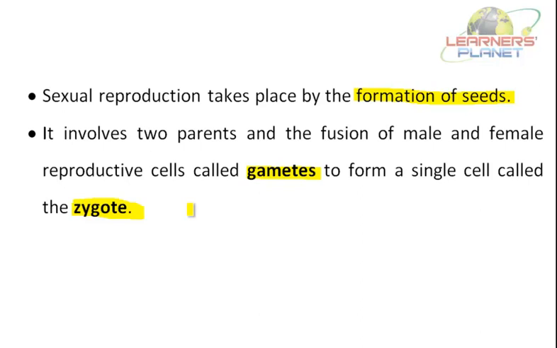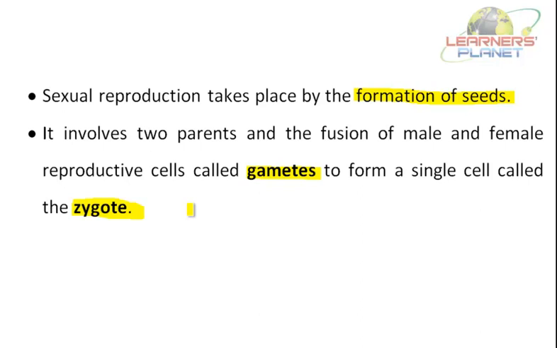So there is a major difference between asexual and sexual reproduction. In asexual reproduction, the offspring are not produced from the body cells and no fusion occurs. While in sexual reproduction, the offspring are produced by the fusion of male and female gametes. Secondly, in asexual reproduction, the body cells may be formed from the root, stem, leaf or flower, that is, from the plant parts.